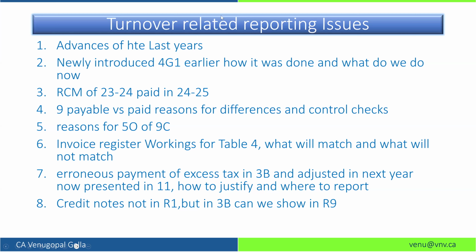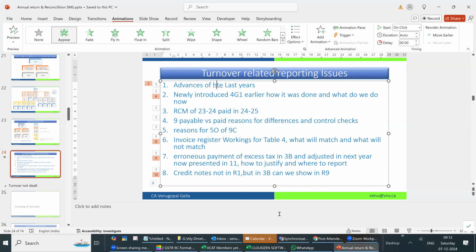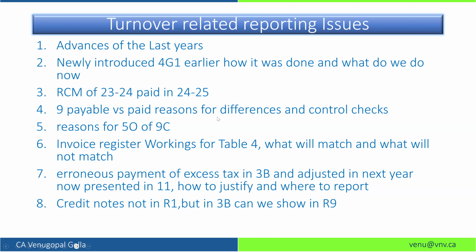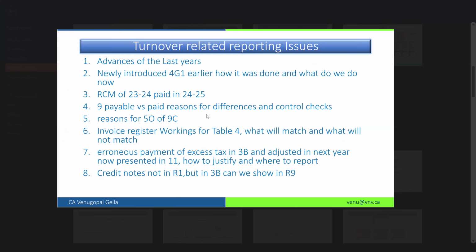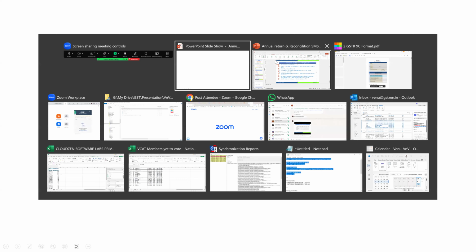So what do we say about the advance of the last year? The advance that we had received, in fact, which we had a discussion. So how do we report the advances? What do we say about advances reporting? Where is our advance reporting?